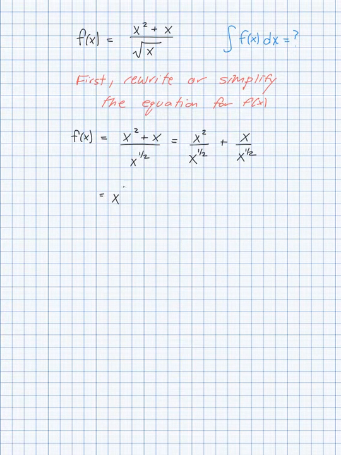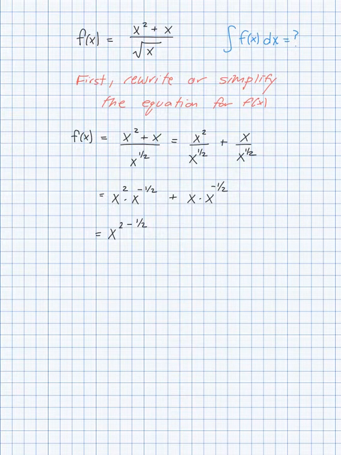So x squared divided by x to the 1/2 is the same as saying x squared times x to the negative 1/2, and x times x to the negative 1/2. And then when we have two terms with exponents that are multiplied together, the exponents add.